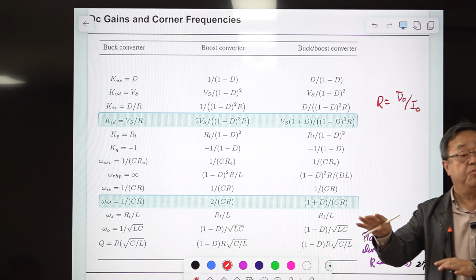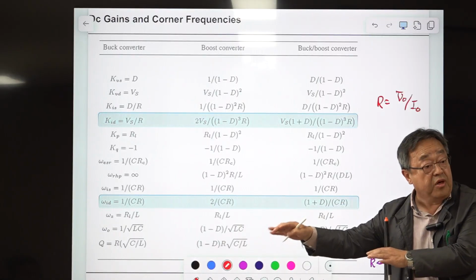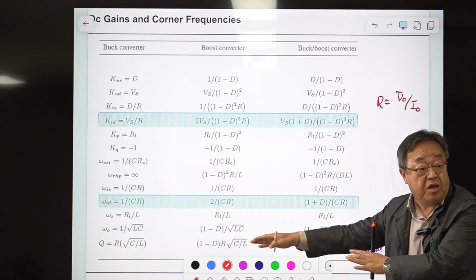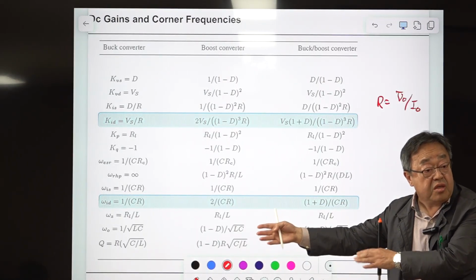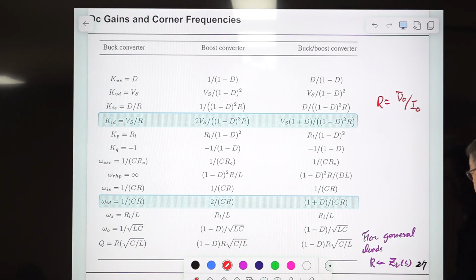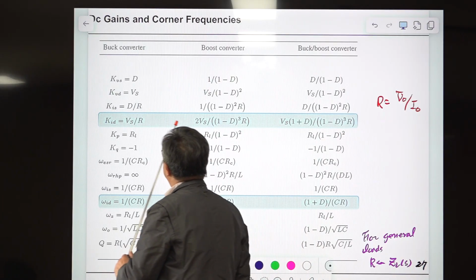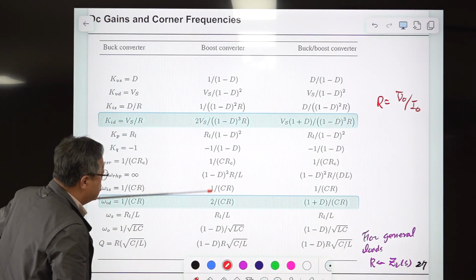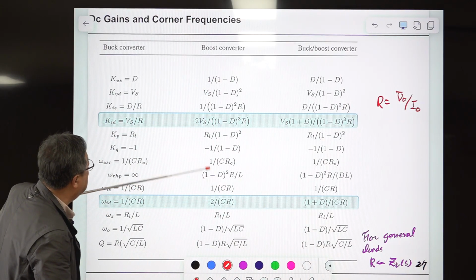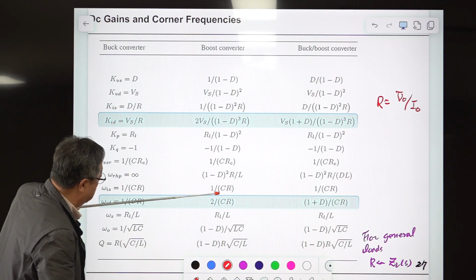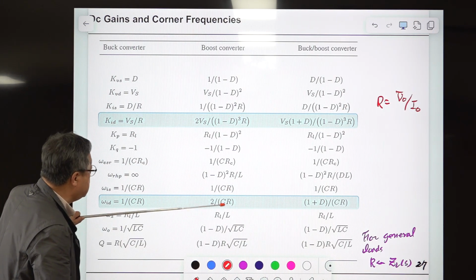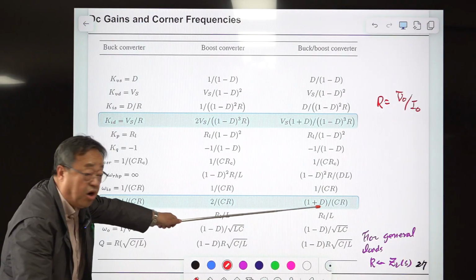Maybe something else, maybe another converter or some equipment, device, or apparatus is coming as the load, then this should be replaced with impedance, GLS, and it should be differentiated from this R. Sometimes there are two R here, maybe for the boost converter. This R and the other R can be different.